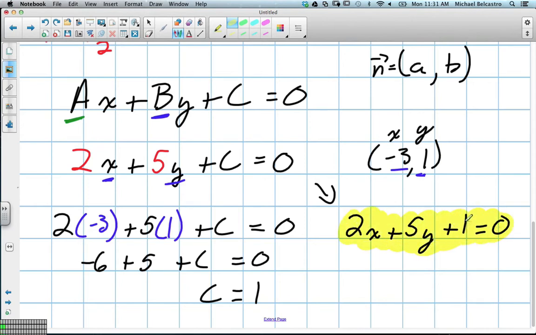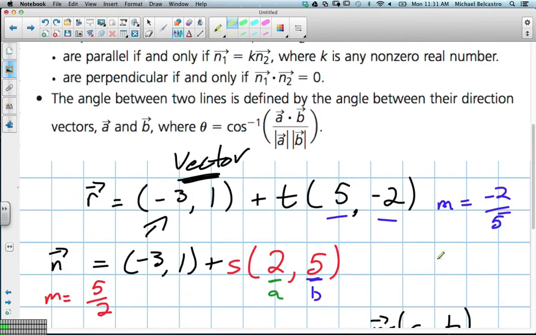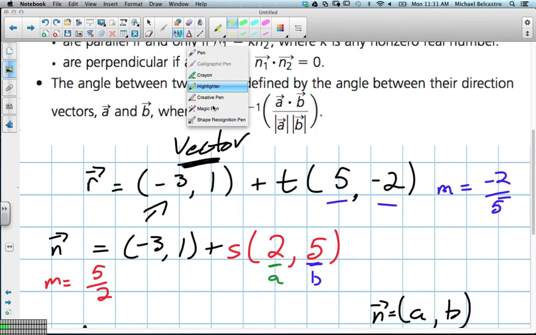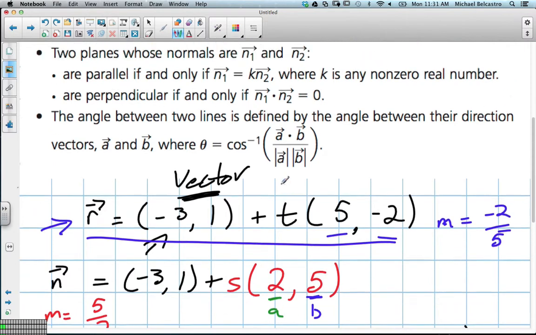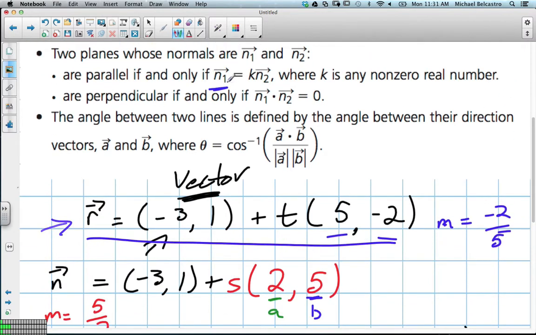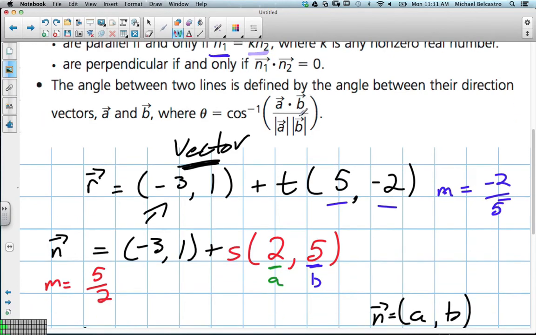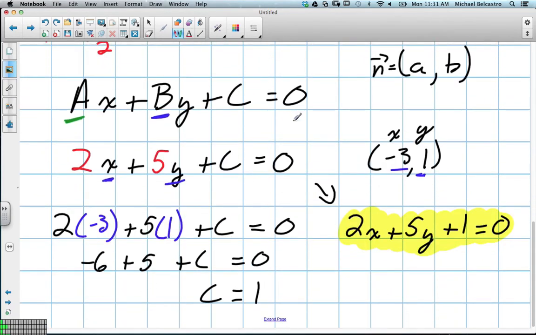With that being said, if we wanted to find a line, or sorry, I keep saying line, but a vector, if we want to find a vector parallel to this vector here, it's actually very simple in Cartesian form. They've given us this rule here that the normals, if we're looking for two parallel vectors, are just scalar multiples of the original normal. So we just have to find a scalar multiple of our Cartesian form to find a line that would be parallel to our other one.